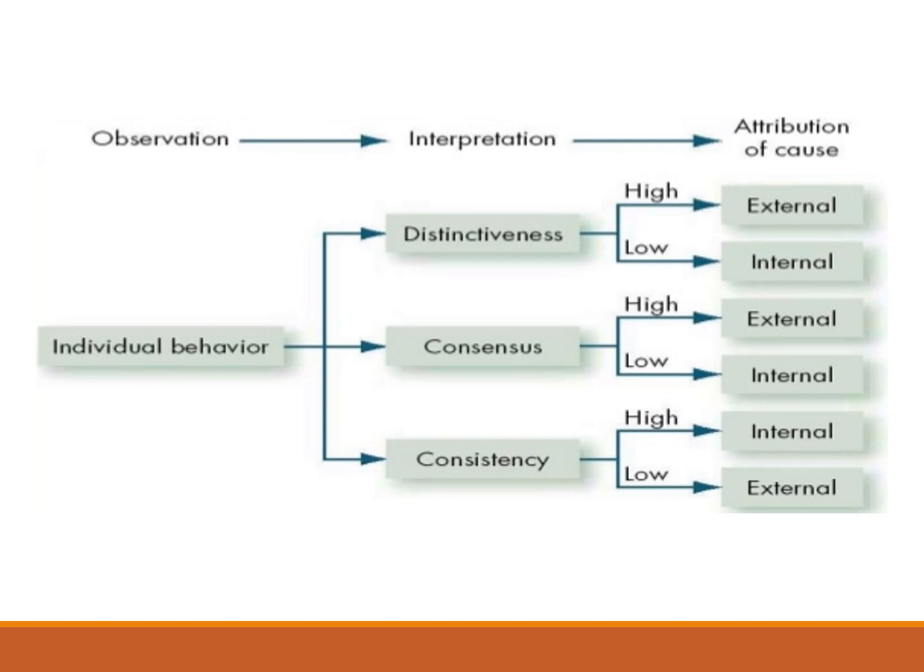When the consensus is low, we attribute it to internal factors. So that's how we try to interpret the behavior of others. We always try to understand others' behaviors by attributing them to external factors or internal factors.